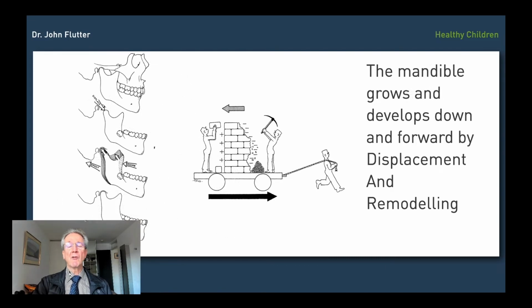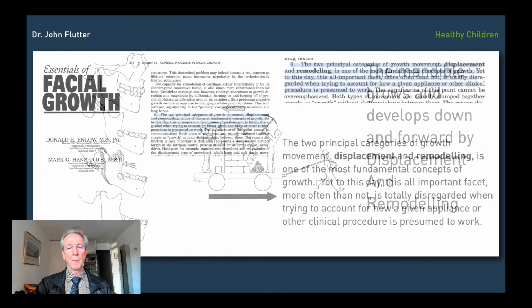And the mandible grows downwards and forwards under much the same process. There is both displacement downwards and forwards and remodeling as the shape of the mandible changes, with osteoclastic activity on the anterior margin of the ramus of the mandible and osteoblastic activity on the posterior ramus of the mandible.